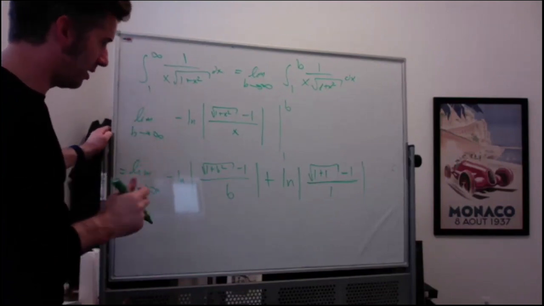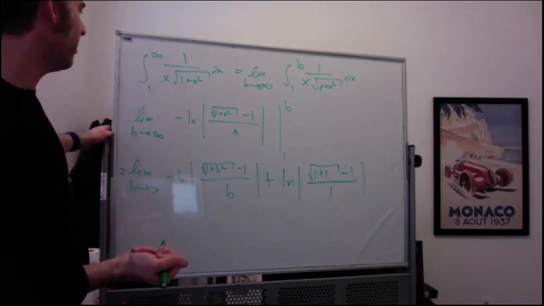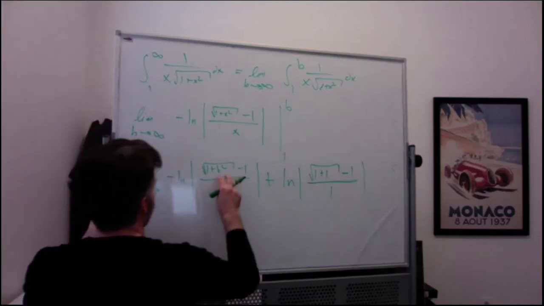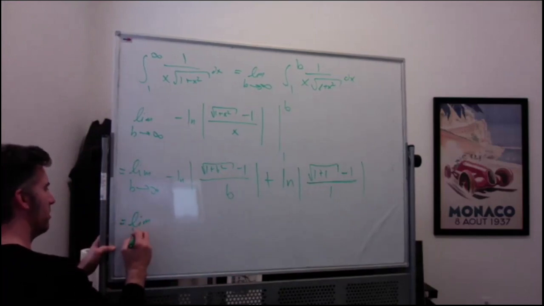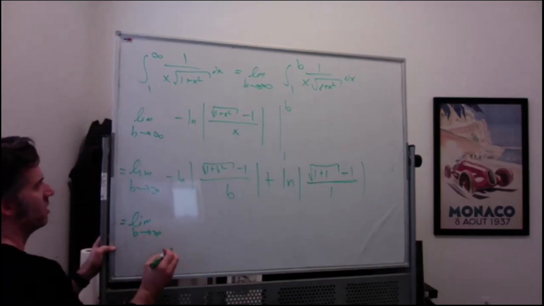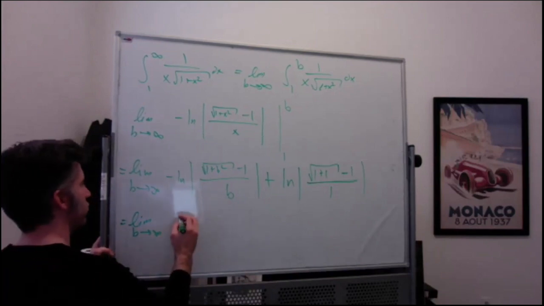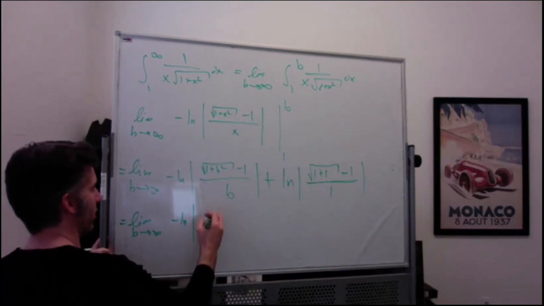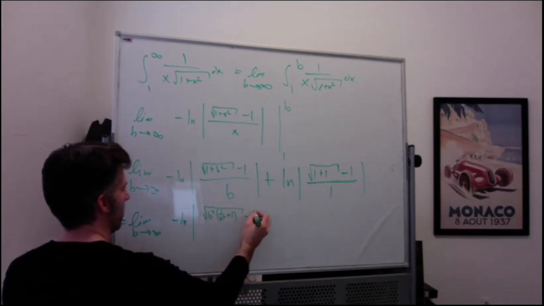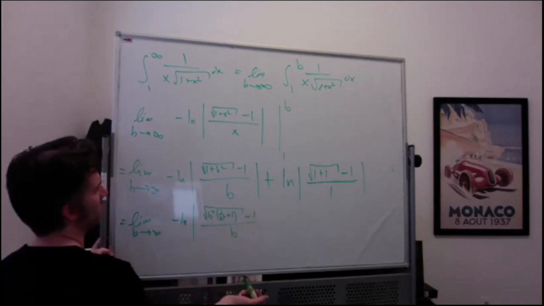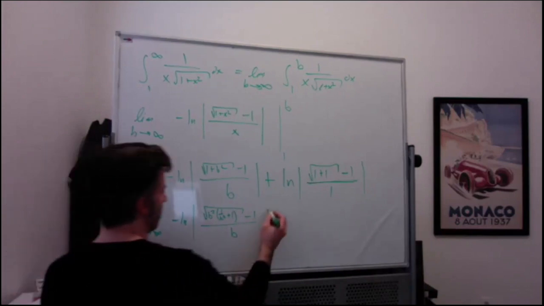I think, okay, here's what we have to do. Anyway, in here I'm going to factor out the b squared. So right, this is the limit as b goes to infinity of negative natural log of the absolute value of the square root of b squared times 1 over b squared plus 1, minus 1 over b. Seems like it's going to be funky.